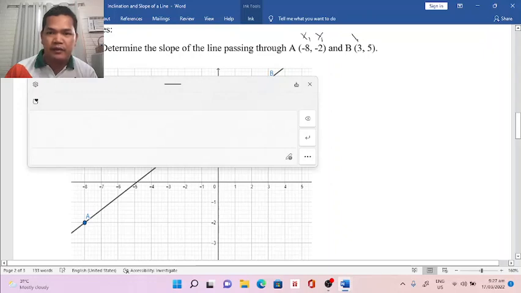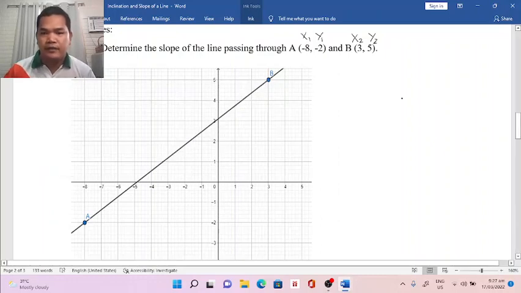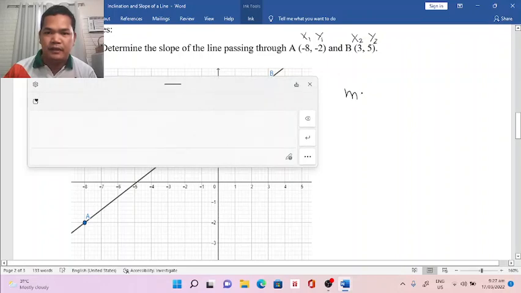This would be our x sub 2, and this is our y sub 2. Here, let us use the formula m is equal to y sub 2 minus y sub 1 over x sub 2 minus x sub 1.